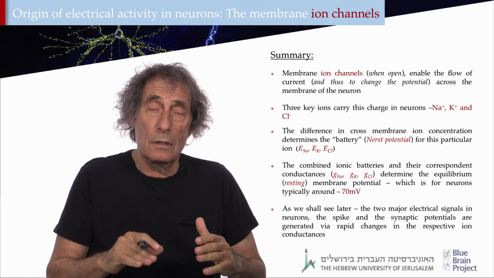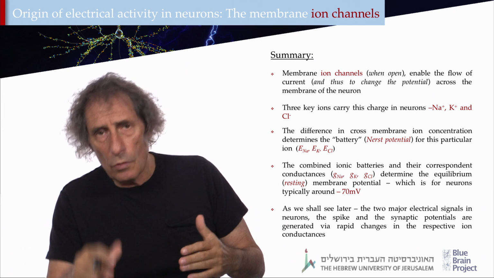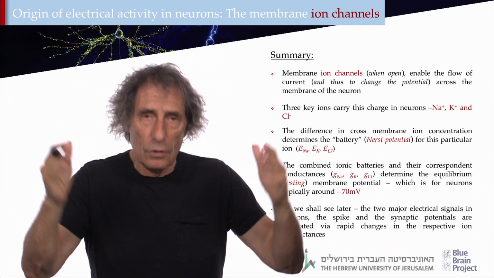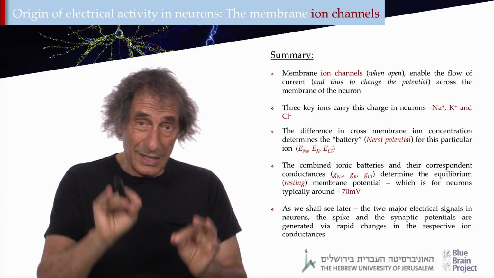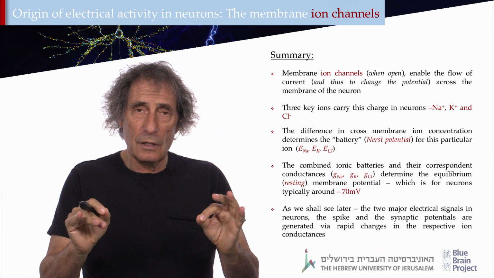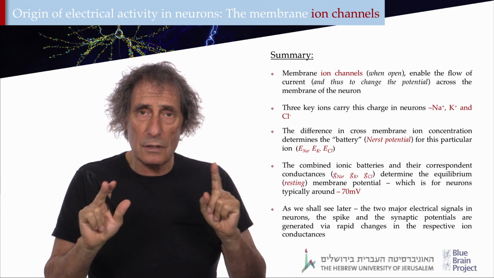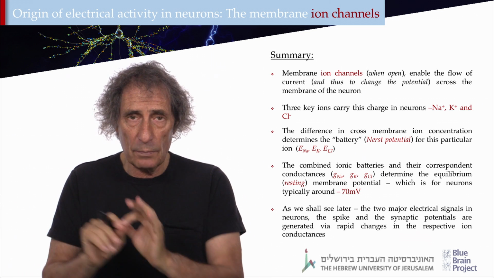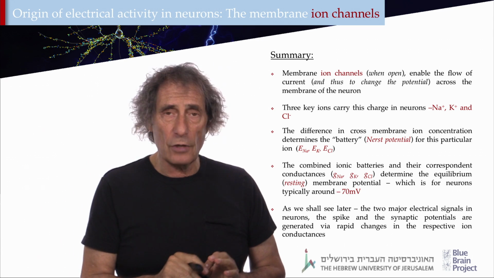And if the potassium channels are very dominant, then you will go more negative than the resting potential, towards minus 80 or 85, the potassium battery. So this is the game of neurons. In order to generate electrical activity, they will find ways, and we shall talk about the two ways they do it, to generate the spike or synaptic potentials, using conductance changes of these three ions that we spoke about.